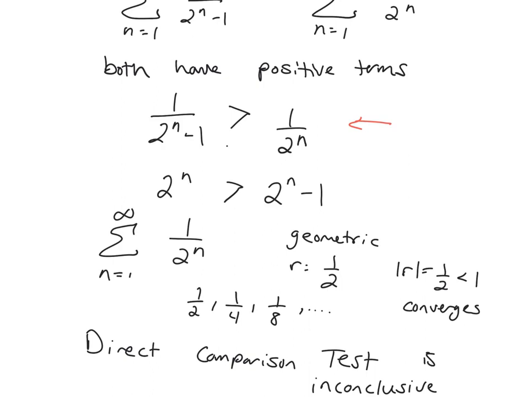The bigger thing could still diverge. If you look back at our statement of the direct comparison test, if b sub n converges, what does our inequality need to look like? It's less than, but I don't have that. a sub n is bigger than b sub n.